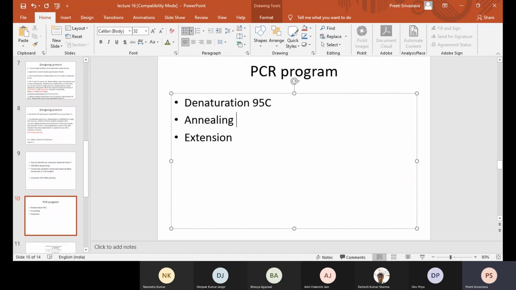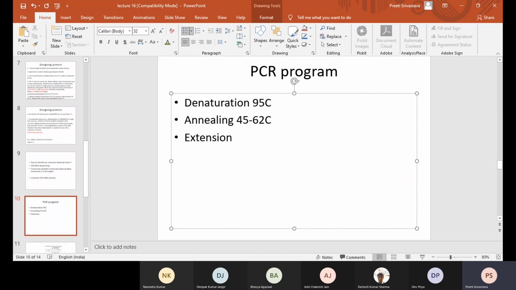So here the temperature that is used is around 95 degrees. Annealing temperature is usually Tm minus 5, so in this case the annealing temperature usually should be in the range of 45 to 62 degrees Celsius, depending upon the primer.